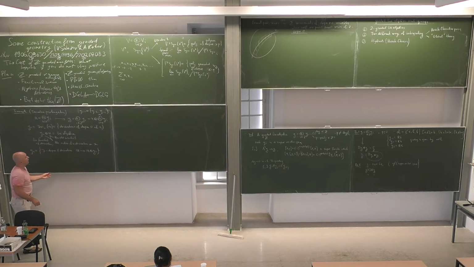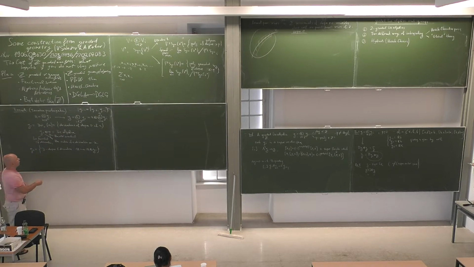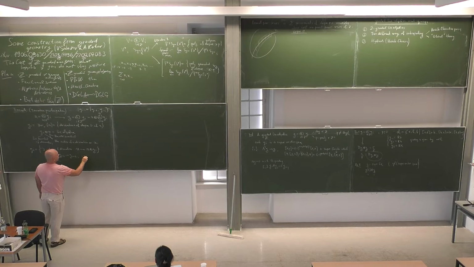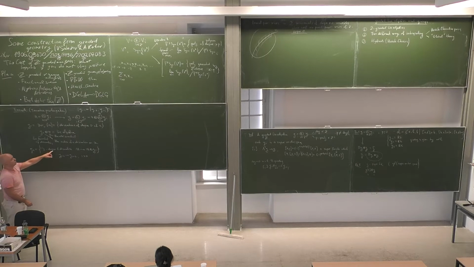Now d can be viewed as a system of maps from g_{-i} to g_{-i+1} for i greater than 0. And then for the derivation, we can just say what the derivation means. It's just the same property: d of the bracket [x,y] equals [dx,y] plus [x,dy], where, let's say, all the signs are plus.